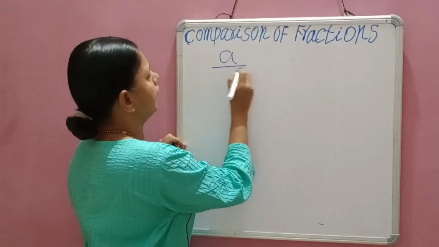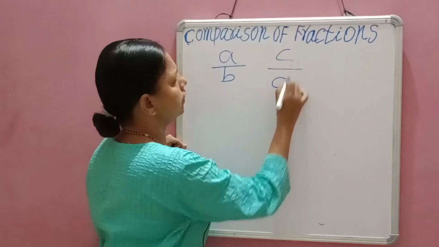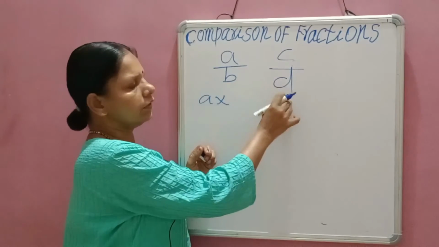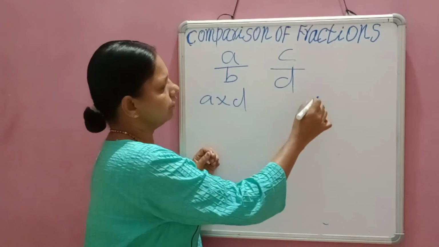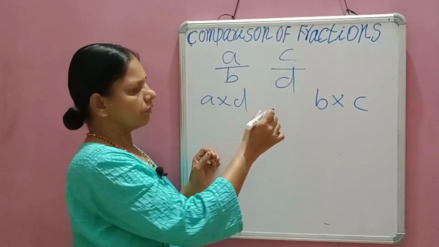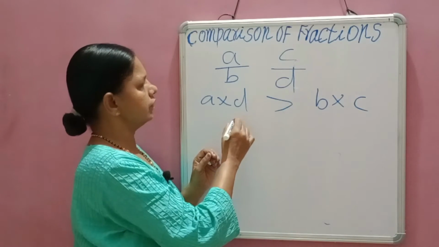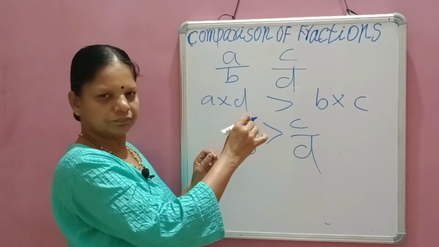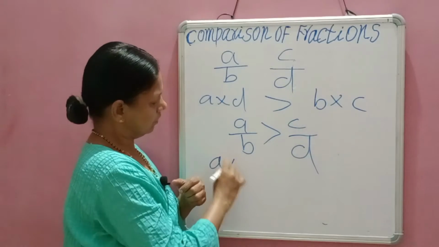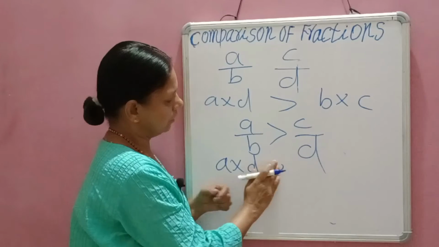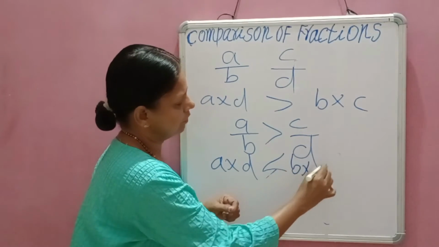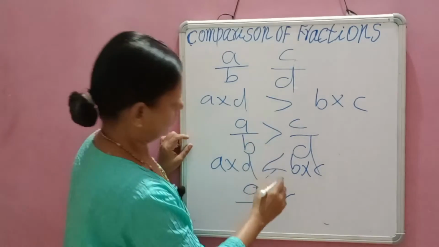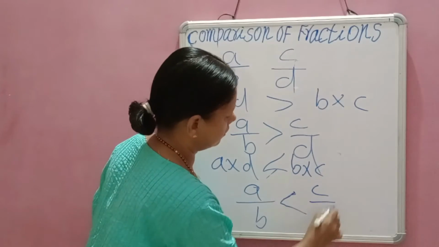If A upon B and C upon D are two fractions, find A into D and find B into C. If A into D is greater than B into C, then A upon B is greater than C upon D. If A into D is less than B into C, then A upon B is less than C upon D.